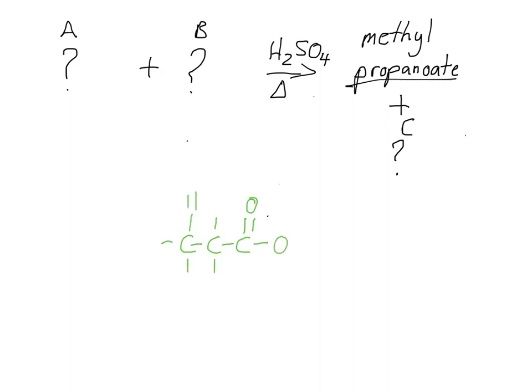Okay, so I've got hydrogens all the way around. This is propanoate. But now, I know that there is a methyl. How many carbons in a methyl? 1. That's not too tough. So there's my methyl attached to the oxygen on a propanoate.